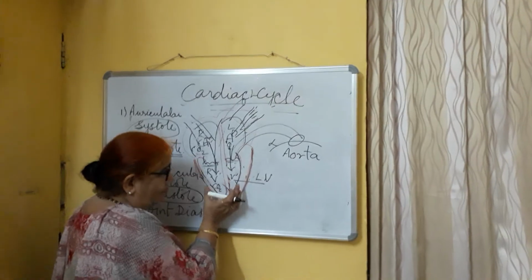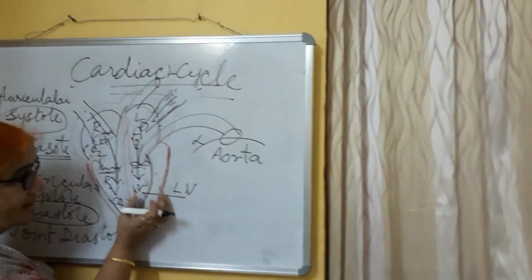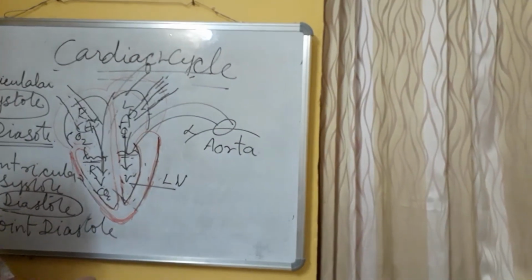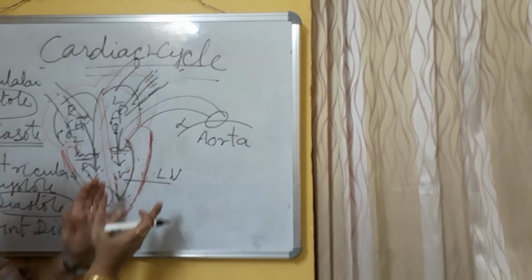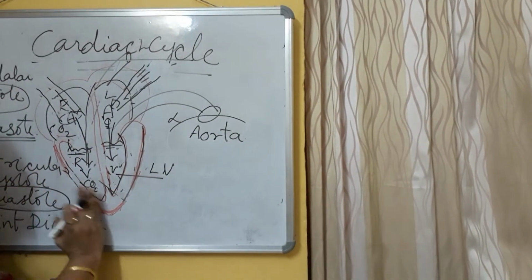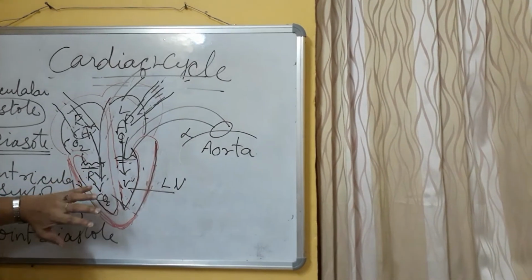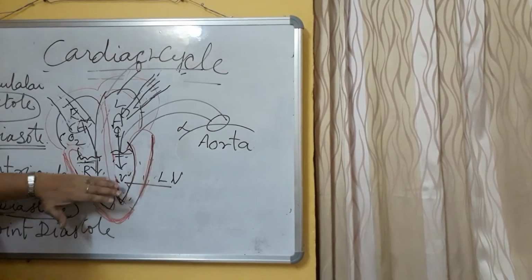Both will contract, but the wall of the left ventricle is thicker because it has to use very high pressure. The left ventricle side is thicker than the right ventricle side. So in systolic condition, in a single jerk, the whole blood of the ventricles will go.